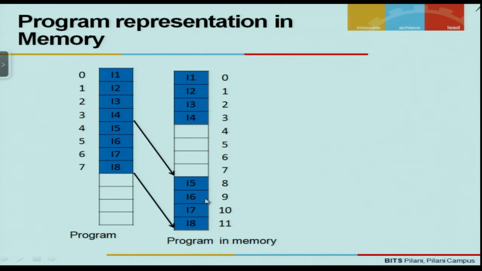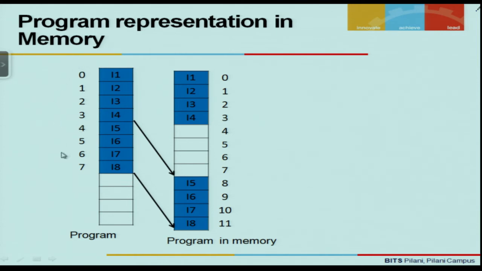Now one can see very clearly that the processor is going to generate the addresses 0, 1, 2, 3, 4, 5, 6, 7. So you find that address 4, corresponding to instruction 5, is physically stored at address 8. It is not physically stored at address 4.